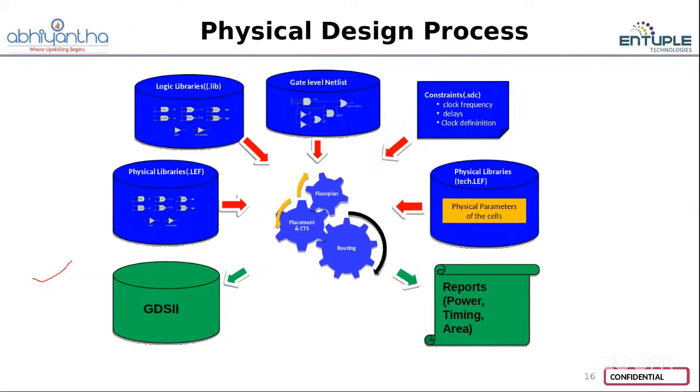By reading these files, your core region will be matched with the actual silicon region, with the help of processes called floor plan, power plan, placement, and routing.